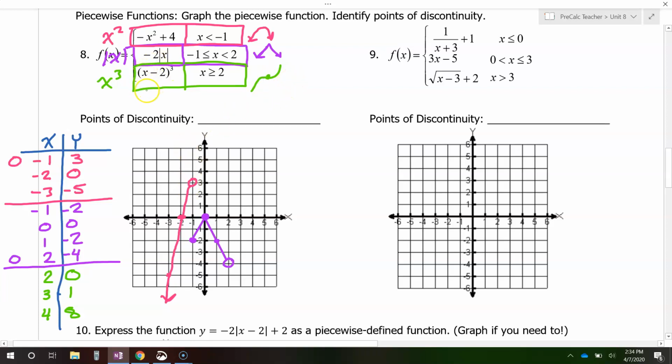Now, because this has the minus 2, it's going to be one of these that is shifted over to the right by 2. So this point, 2 comma 0, should be the point of inflection, where it goes from being concave down, or curving downward, and then it goes to curving upward.